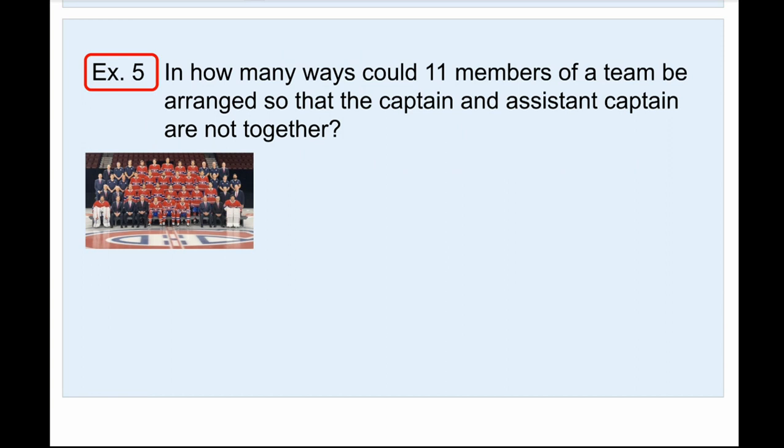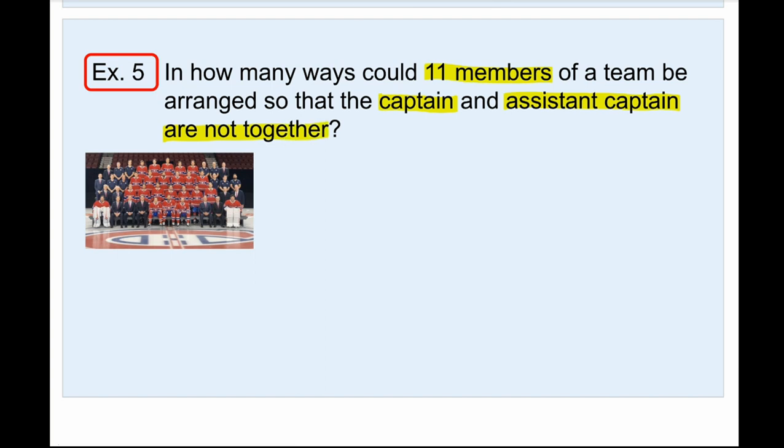So with our last example, in how many ways could 11 players of a team be arranged so that the captain and assistant captain are not together? So a couple key things here. We have 11 members of the team, and we're looking for how many ways the captain and assistant captain are not together.